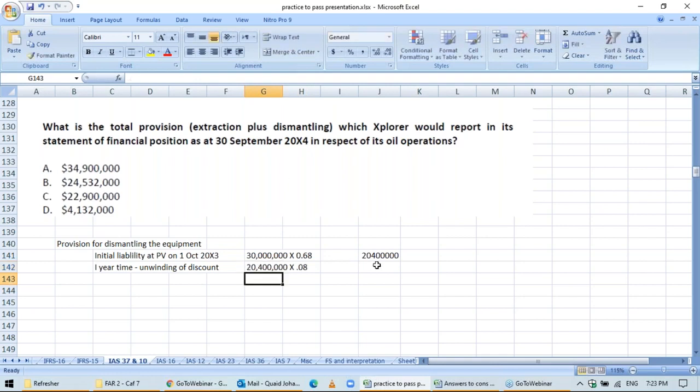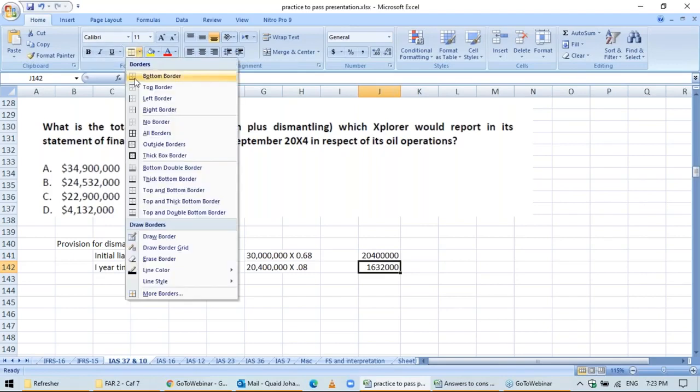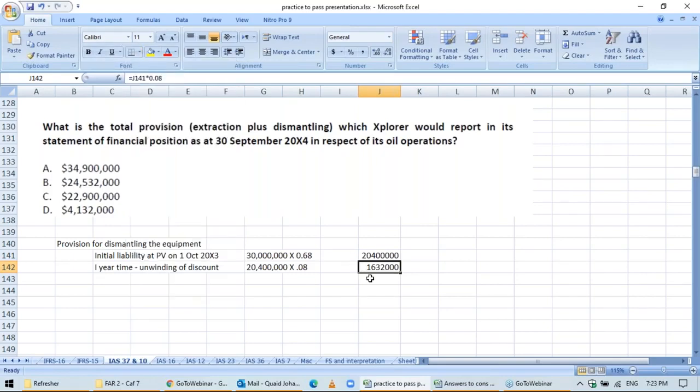So you add the interest to it. So 20 million multiplied by the 8% interest for 1 year. This is added, and now the liability sums up to. Whenever you record a thing at present value, after the passage of some time you'll have to add interest to it, right? So now you add interest to it, 20.4 million plus 1.63. So this makes 22.03. This is the liability's value now.